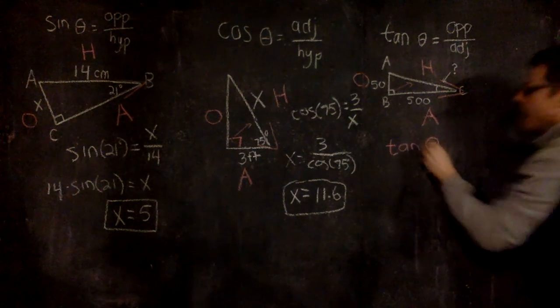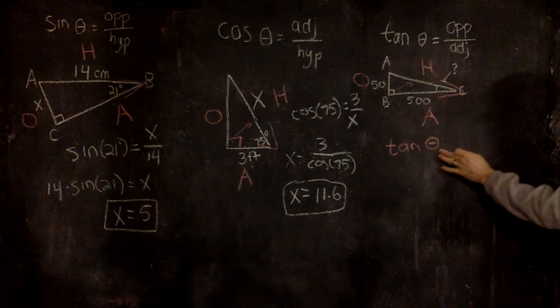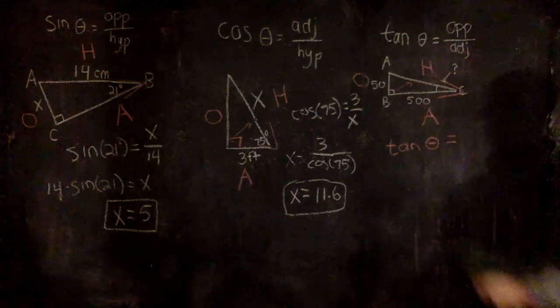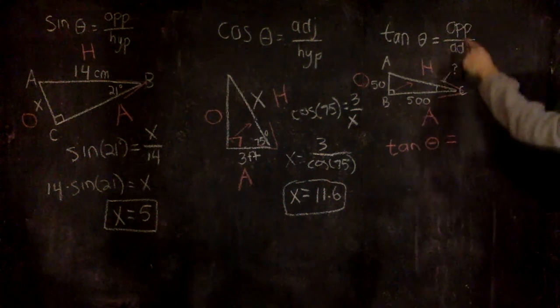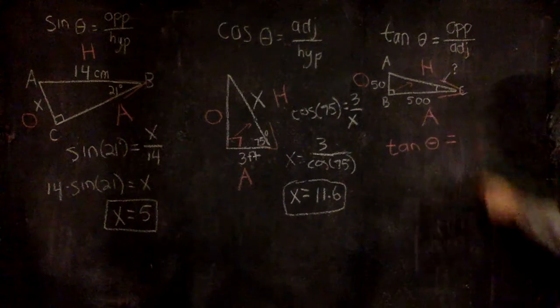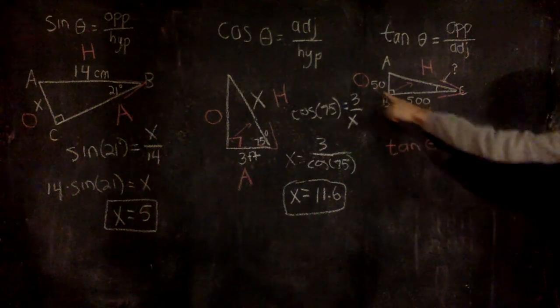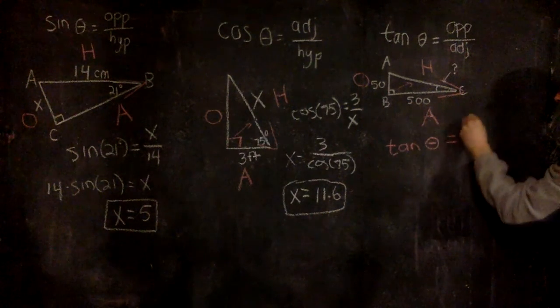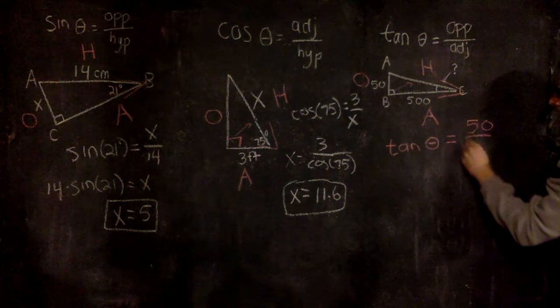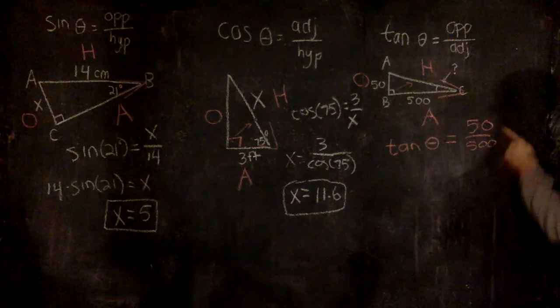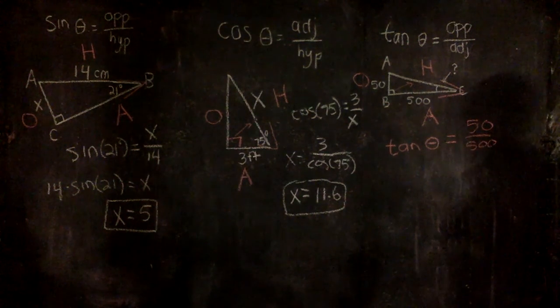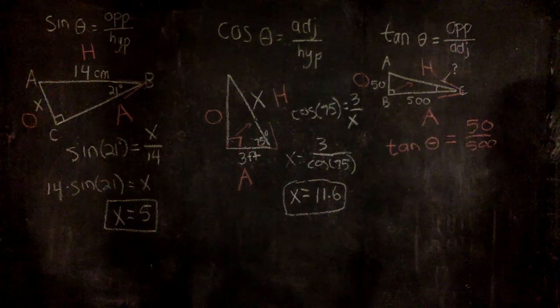But I don't know the angle, so I have to leave theta there and say, well, I don't really know what that is. But I know that the fraction is opposite over adjacent, which is 50 over 500. Now again, you could turn this into a decimal, look it up on the table, and try to figure out what angle it's by.